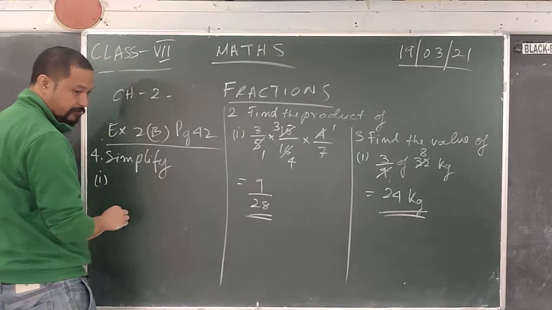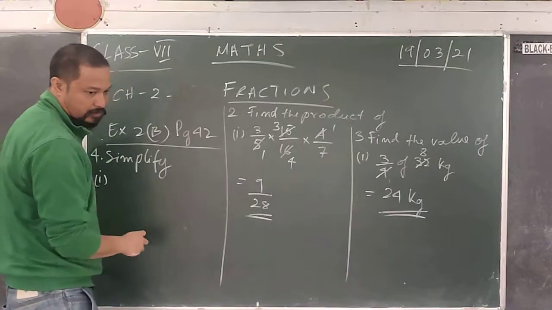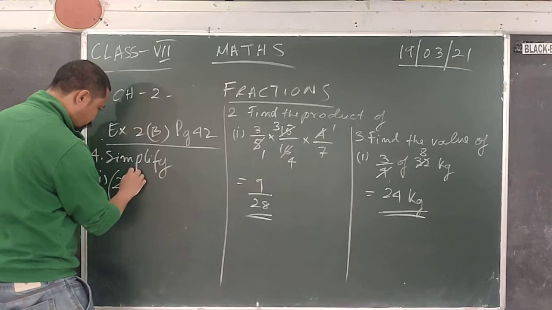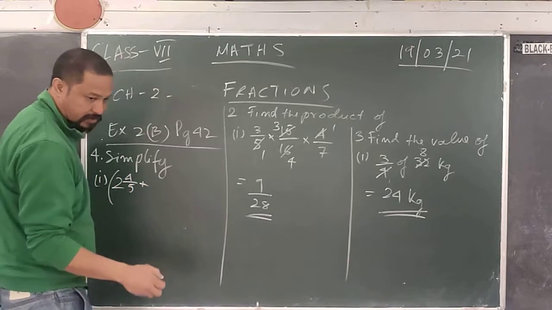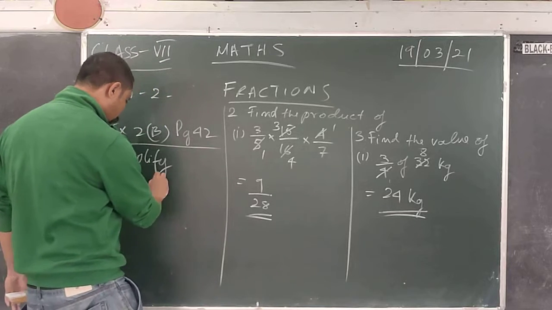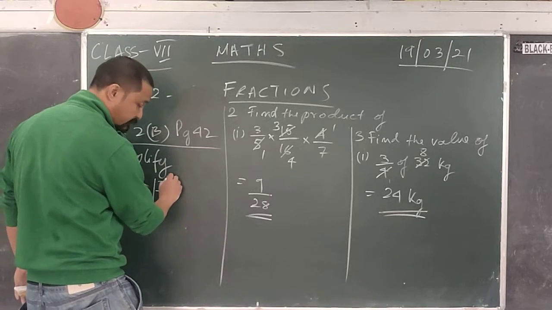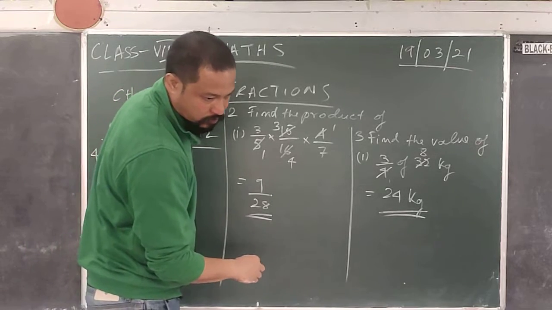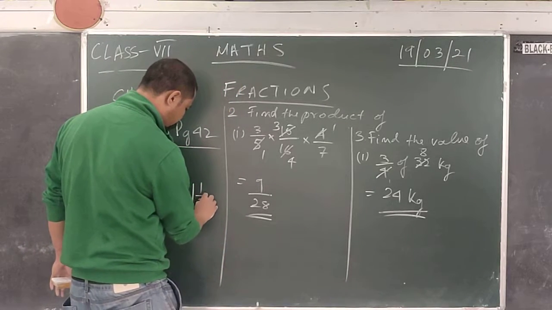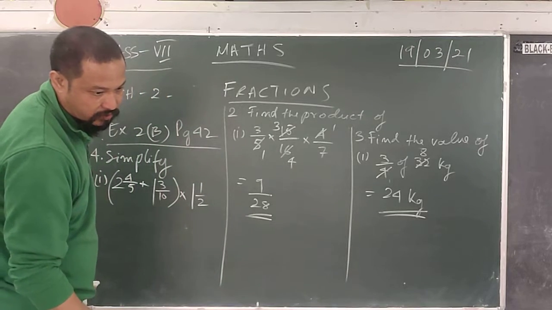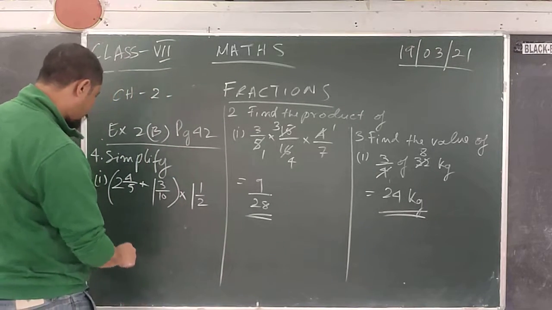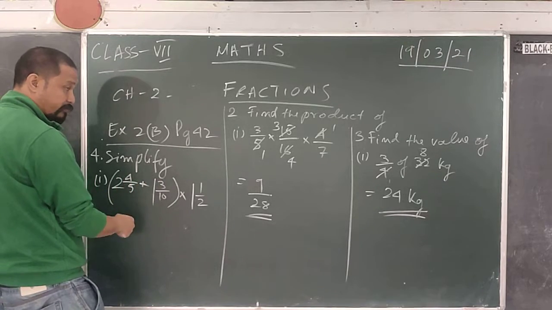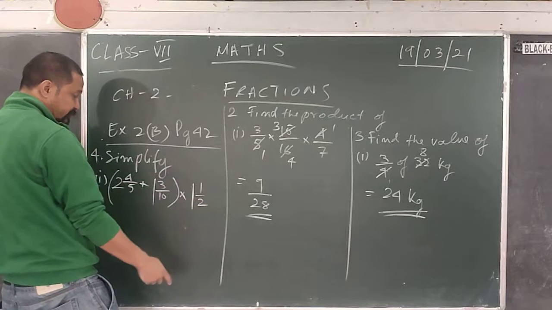Okay, the first one is 2 whole 4 upon 5 plus 1 whole 3 upon 10 into 1 whole 1 upon 2. Is that 1 whole 1 upon 2? Yeah, in the book. Okay, so now we need to convert these mixed fractions to improper fractions, all of them, then compute further.